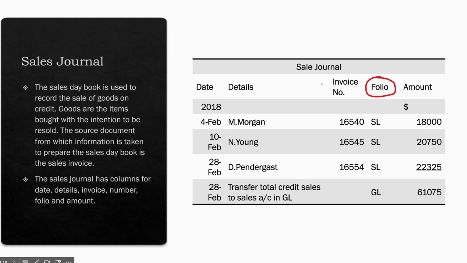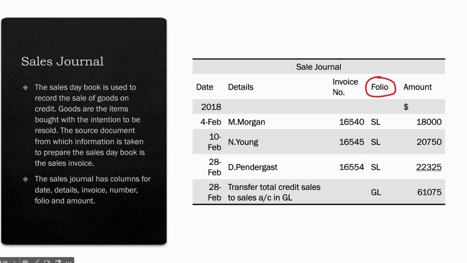So, where next? Remember that after we prepare our journals, we prepare our ledgers. There are three ledgers. We have sales ledger, purchases ledger, and general ledger. Sales ledger is for receivables. Purchases ledger is for payables, and general ledger is for all the other transactions, right?